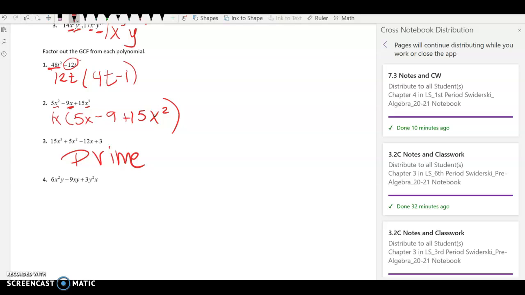I see I have 3, 9, and 6. So I know my GCF between those is 3. I have x to the 2nd, x, and x, so I can pull 1x out. And they all share y. I can pull out 1y.